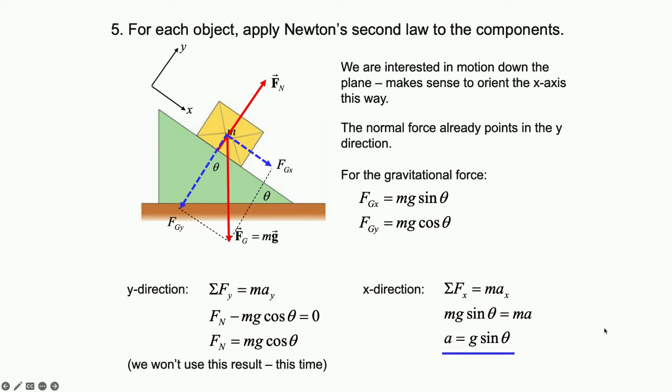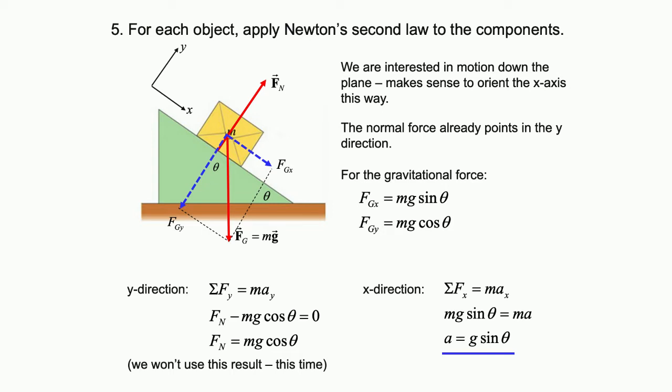With that scenario, we can easily remove the masses, they cancel out, and we have an expression for acceleration already. When it starts to get difficult is when we have some string going up here to a pulley and another box hanging down. And then we have to worry about two objects, similar to what we've done in the previous examples. But we'll get to that. It's not impossible for sure.